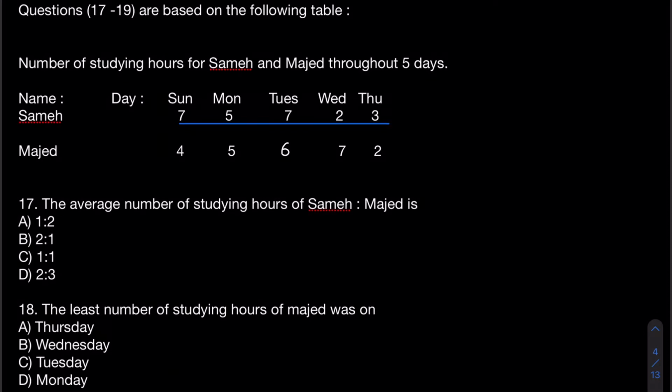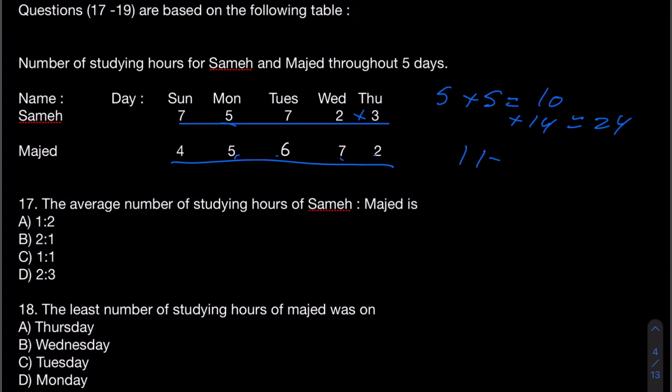The best way to do this: 2 plus 3 is 5, plus 5 is 10, plus 7 plus 7 is 14. We have 24. Over here, we have 6 plus 5, that is 11. 2 plus 7 is 9. So we have 20, and then plus 4, we get 24.